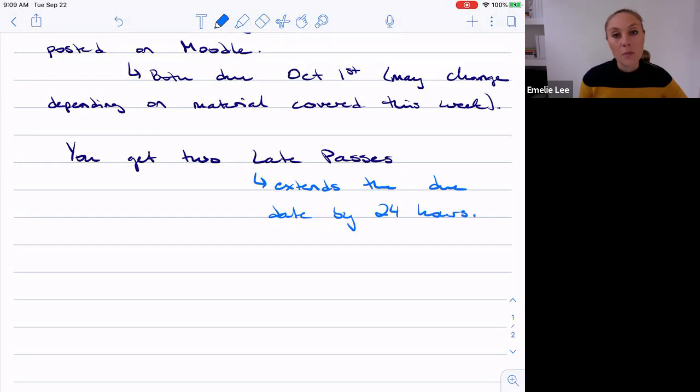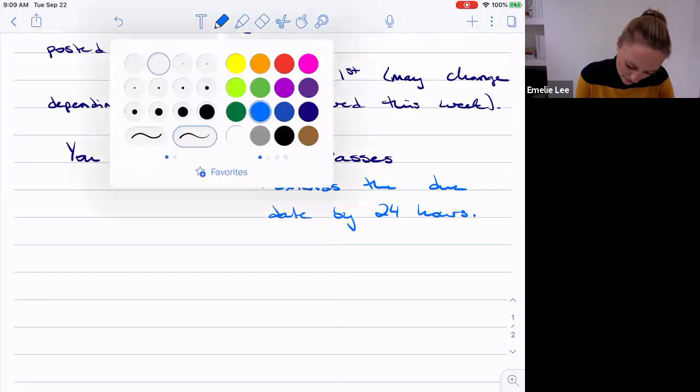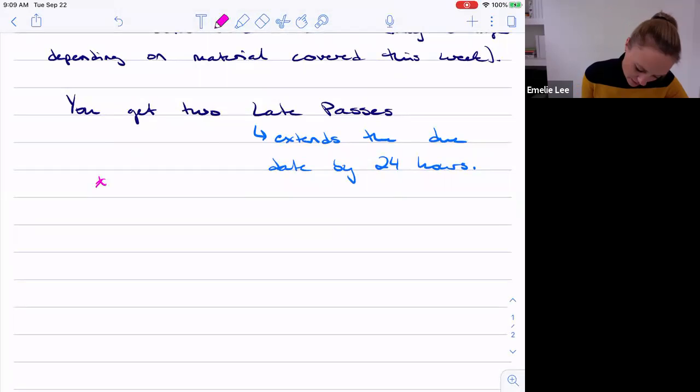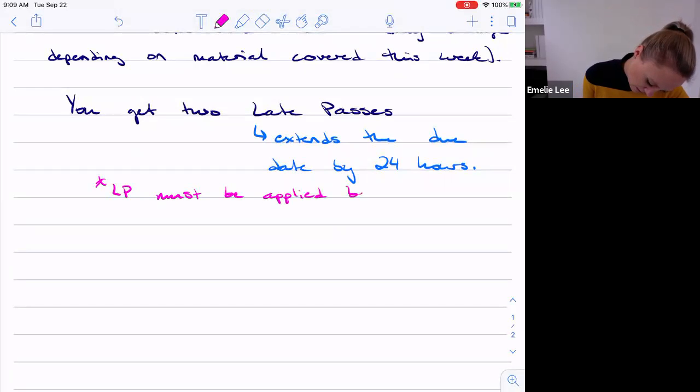Okay. But it has to be applied before the assignment is due. Okay, so I'm going to do that in pink because that's really important. LP, so the late pass must be applied before the assignment is due, right?